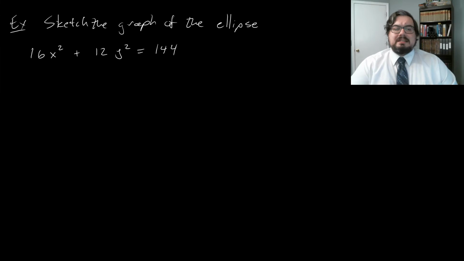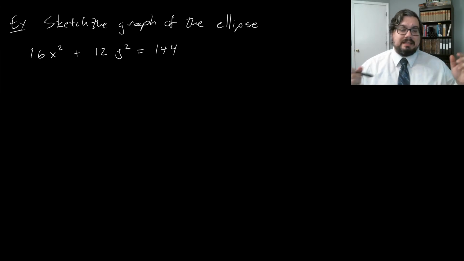Now, it's not obvious that this is the equation of an ellipse. We'll see in a little bit how we can look at this and tell that it is. But what we want to do in order to get this into the same form that we had before is get a 1 on the right-hand side of the equation.